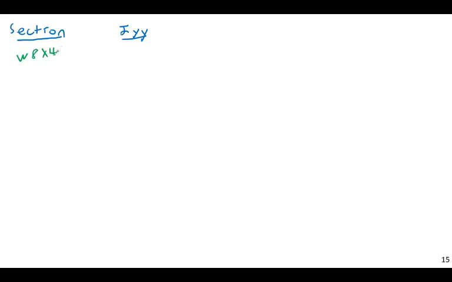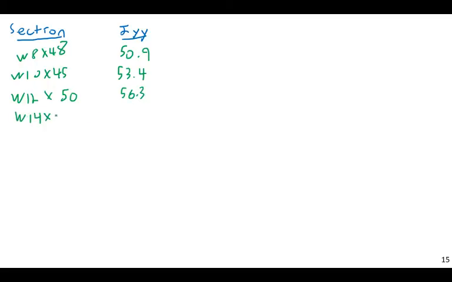W8 by 48: each of these is going to have sufficient IYY. This is 50.9, the lightest W8 that would work. W10 by 45 was 53.4, the lightest. I'm just looking for ones that have an IYY greater than 50.3. The W12 by 50, IYY is 56.3. And the lightest W14 by 53 was 57.7.